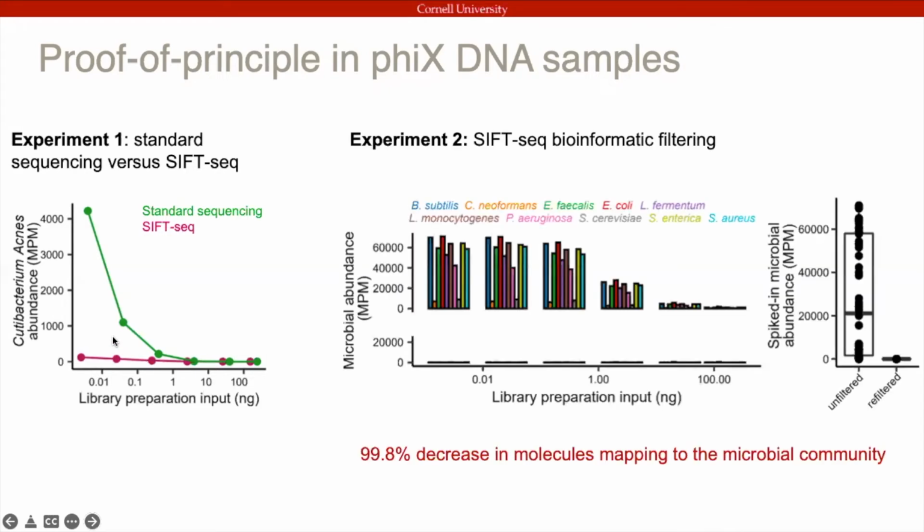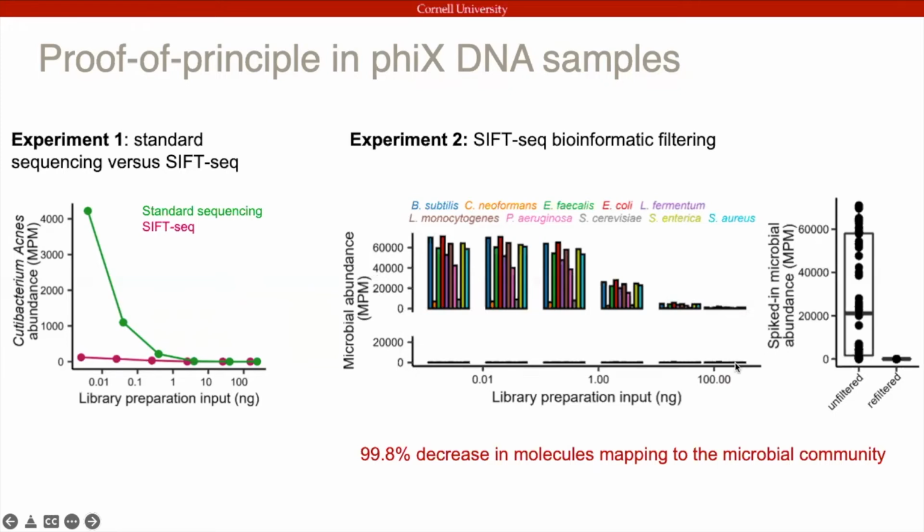In the second experiment, we wanted to evaluate the bioinformatic filtering steps. And so again, using sheared cDNA, we spiked in 1 nanogram of a well-characterized microbial community. Again, on the top, we quantified the abundance using conventional sequencing. And we see that as the library preparation input decreases, the abundance of all of these microbial species increases.